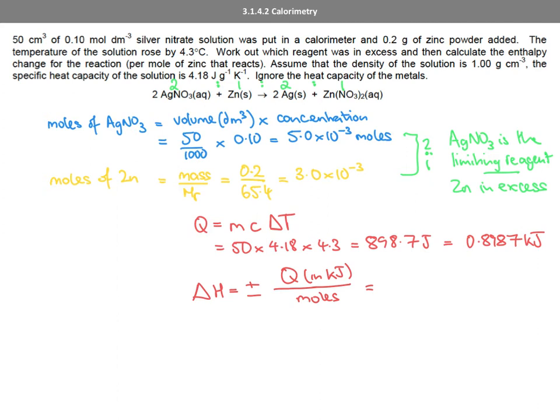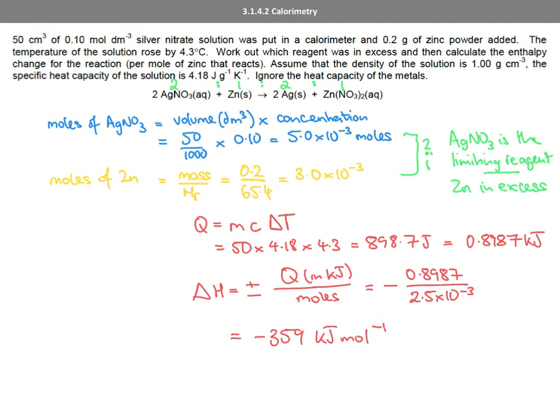Our calculation is minus because the information we're given says there's a temperature rise, so we know it's exothermic, so we put the minus sign. Our energy transfer in kilojoules is 0.8987, divided by our number of moles of zinc, which is 2.5 times 10 to the minus 3, and that gives us a final answer of minus 359 kilojoules per mole.